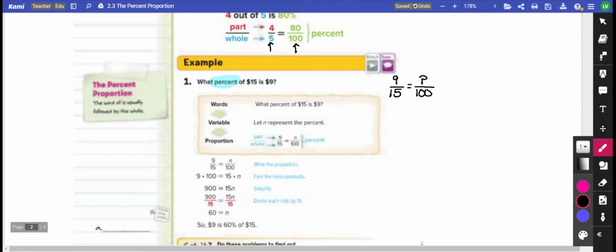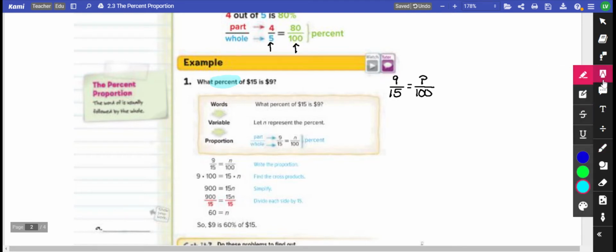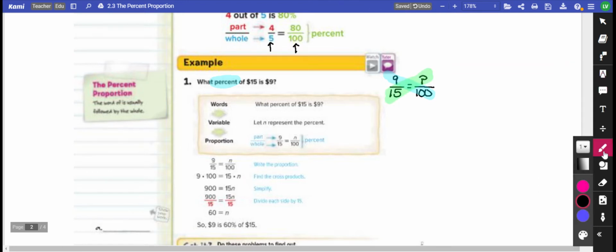So now what I'd like to do is go ahead and do cross multiplying. We did this last chapter. So I'm going to do 9 times 100 and 15 times P. So 9 times 100 equals 15 times P. 9 times 100 is 900 equals 15P.